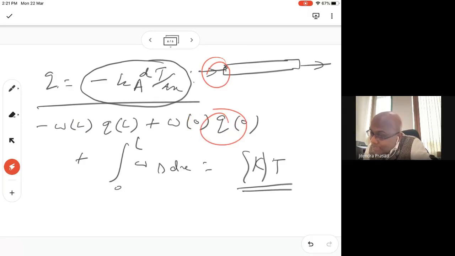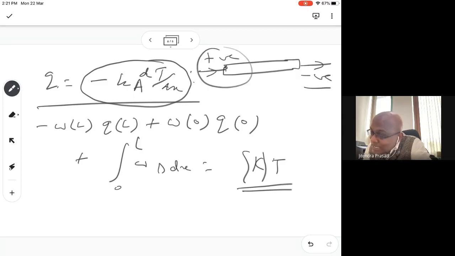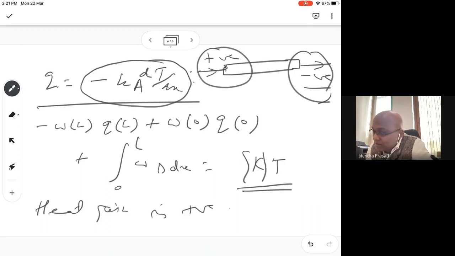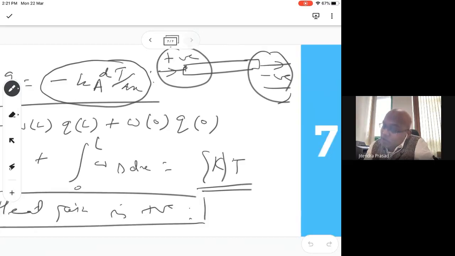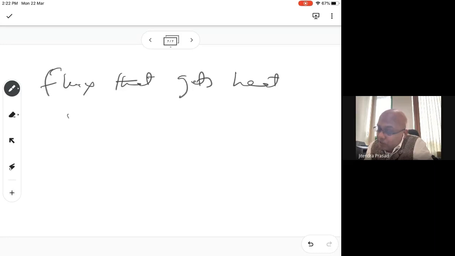These are positive, so this is a positive thing, and this one you are writing as negative, see, minus Q, so this is the negative thing. So what do you see? Simply, heat gain is positive always. This is your convention: heat gain is positive. So flux that gets heat into the system is positive.